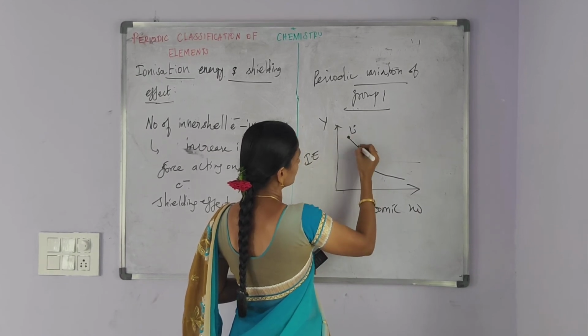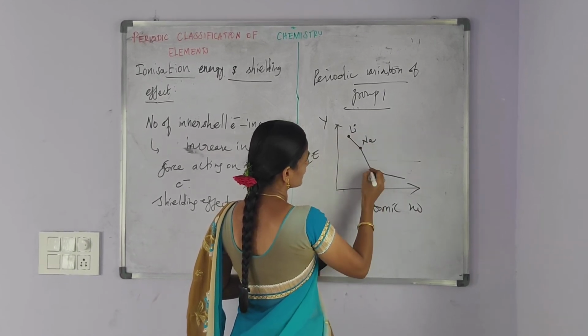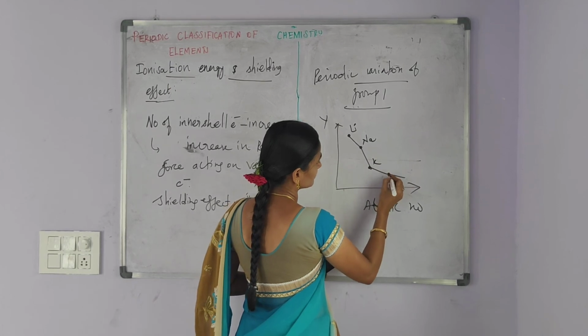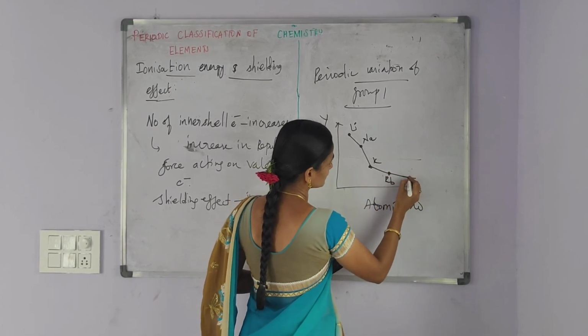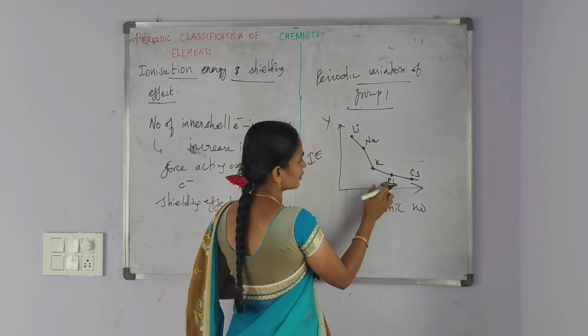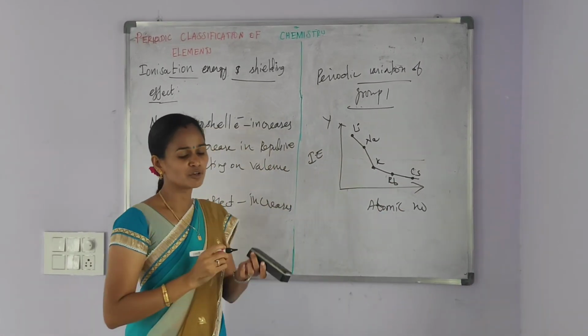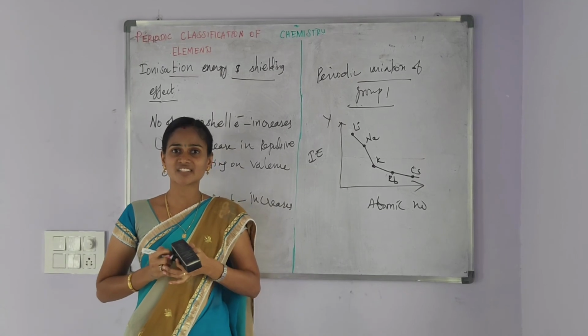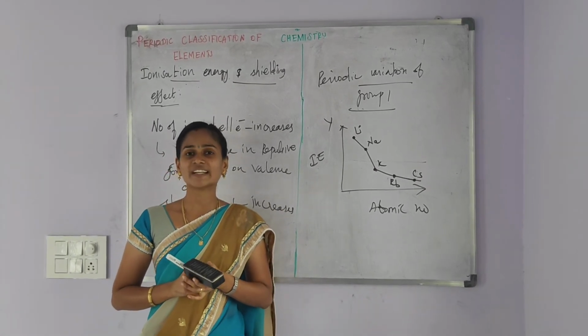On moving down the group, ionization energy decreases. Lithium, sodium, potassium, rubidium, cesium. On moving down the group, ionization energy decreases. We will meet in the next session.